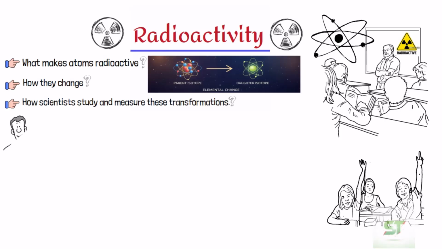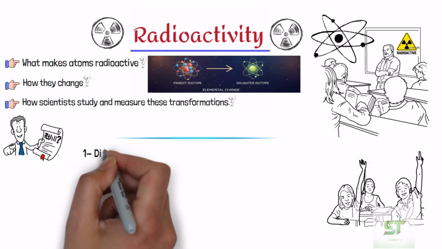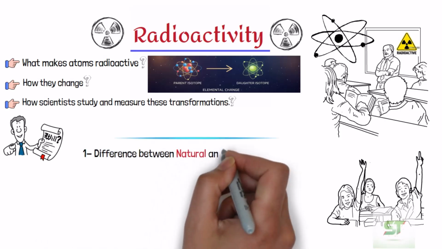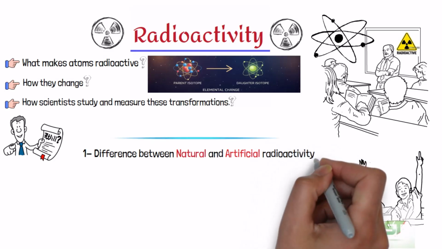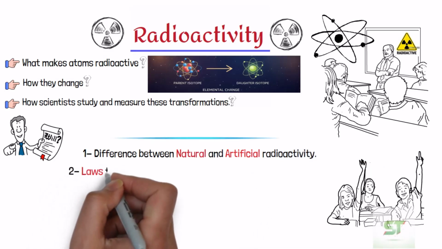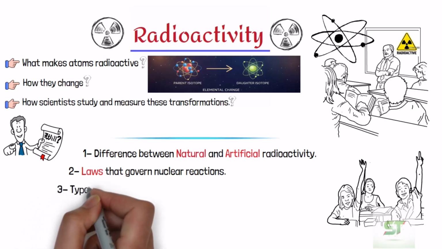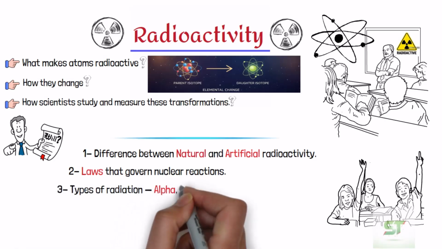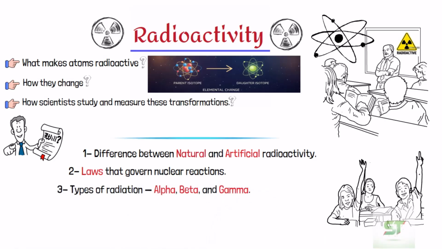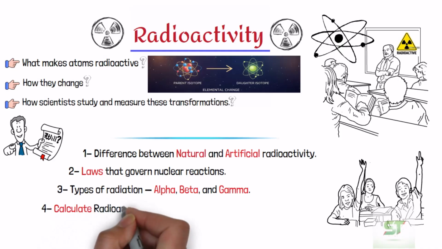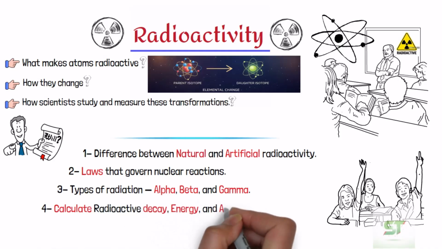By the end of this lesson, you will understand the difference between natural and artificial radioactivity, the laws that govern nuclear reactions, the main types of radiation, alpha, beta, and gamma, and how we calculate radioactive decay, energy, and activity.